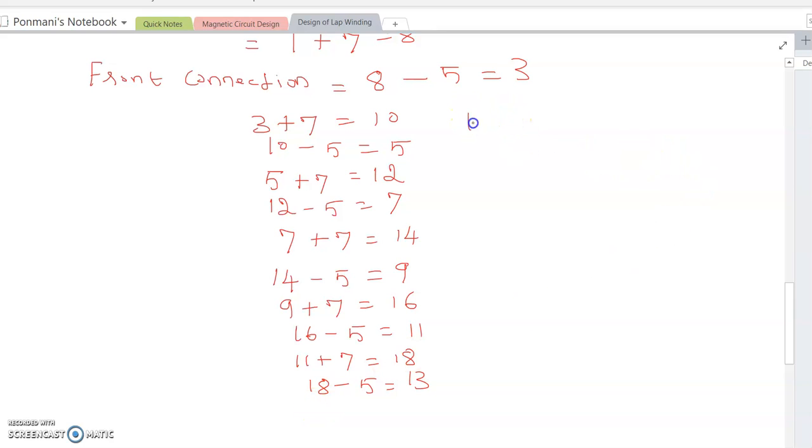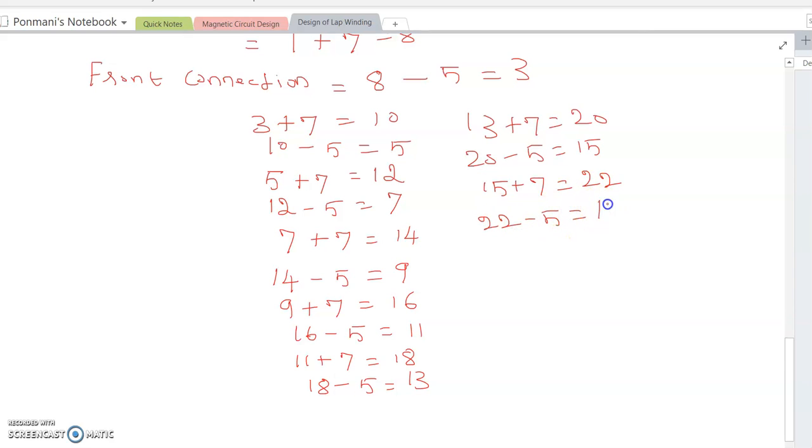I'll write here 13 plus 7 is equal to 20. 20 minus 5 is equal to 15. And 15 plus 7 is equal to 22. 22 minus 5 is equal to 17. 17 plus 7 is equal to 24.